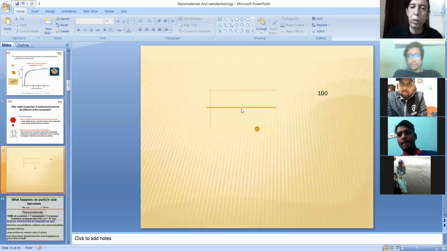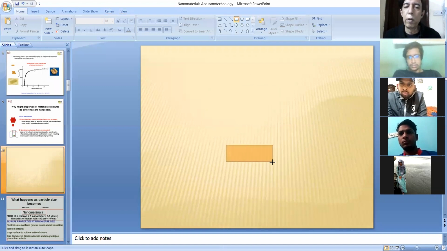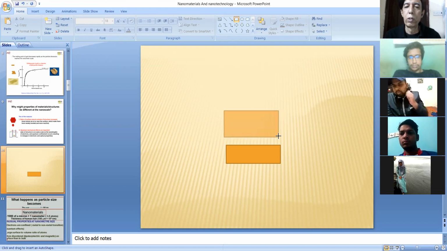Say, for example, this is the valence band, and another one is the conduction band.